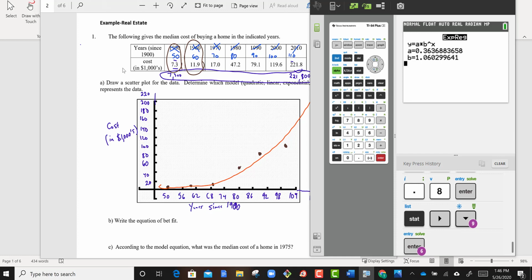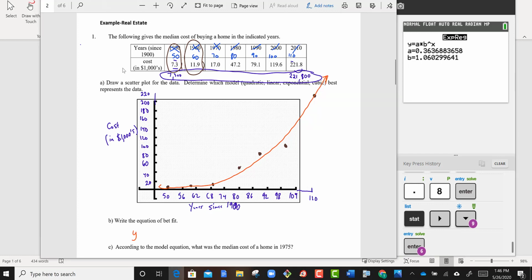I'm going to round this to 3 decimal places when I write it out. So the A value is 0.364 times the B value of 1.060 raised to the x power.